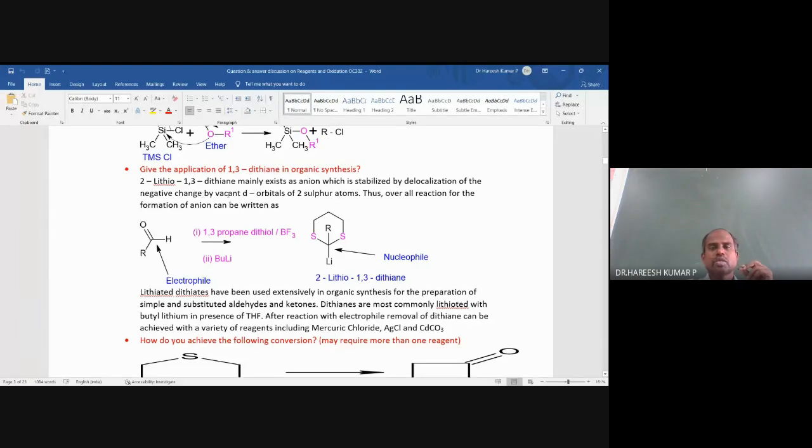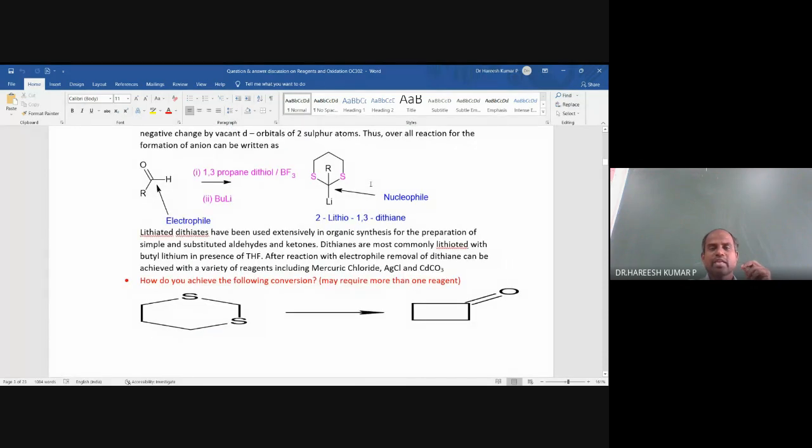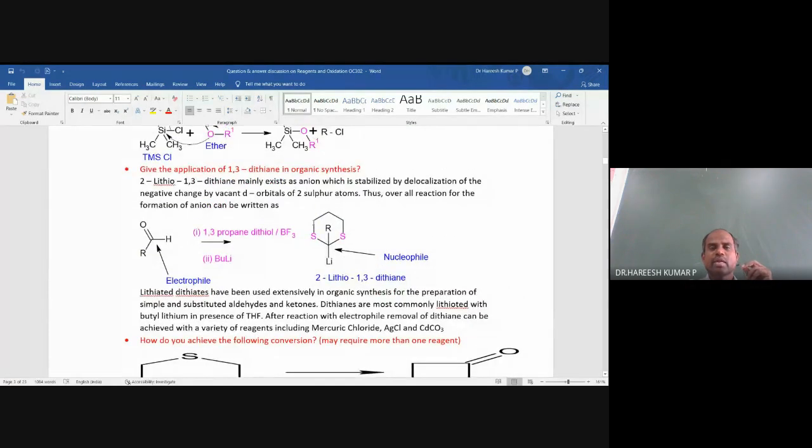So what you can observe is the application of 1,3-dithiane in organic synthesis. But before that, with respect to 1,3-dithiane, you need to recall that an electrophilic carbon center is converted into a nucleophilic carbon center.